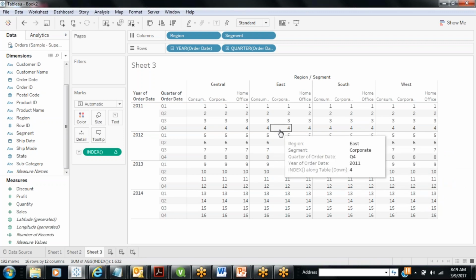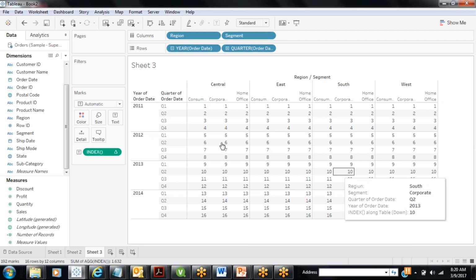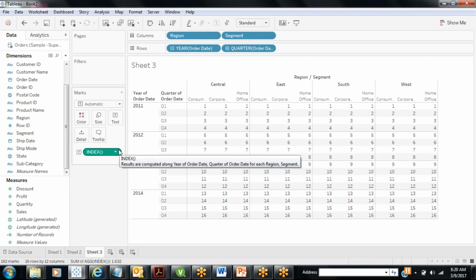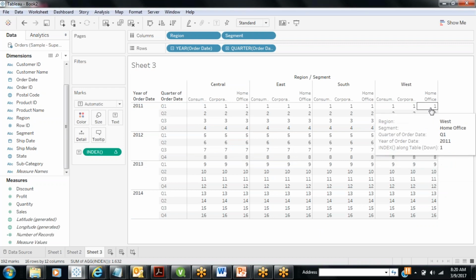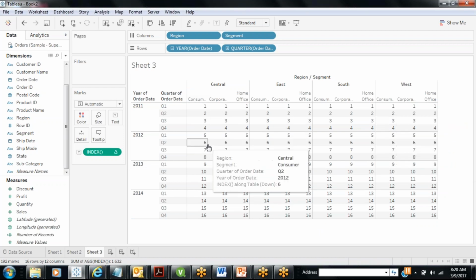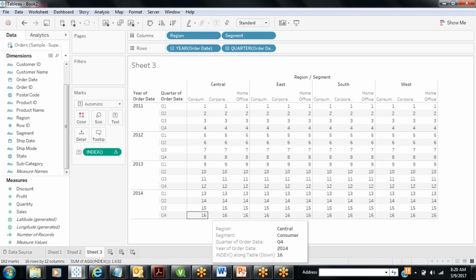Now the direction. There are a total of 9 directions. For table 4 directions, for the pane 4 directions, and for the cell only 1. So 9 directions we have. What is table? This table completely has directions: one is across, from left to right, and another is down, top to bottom, right?